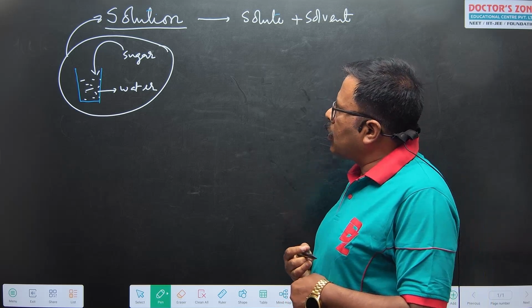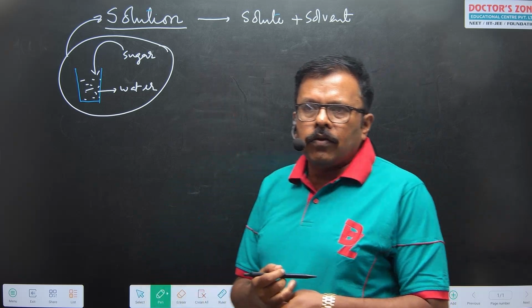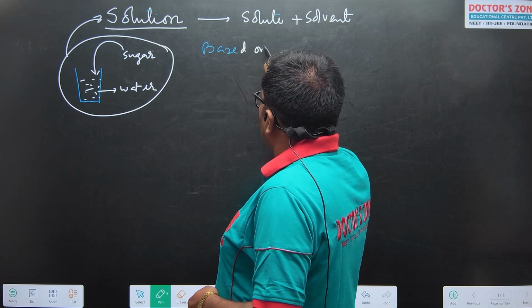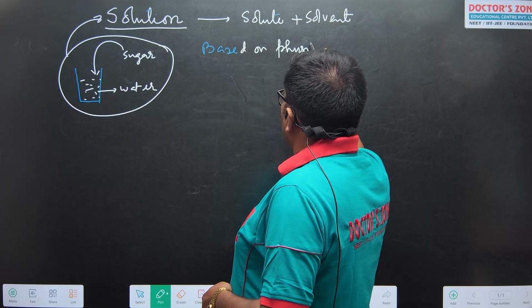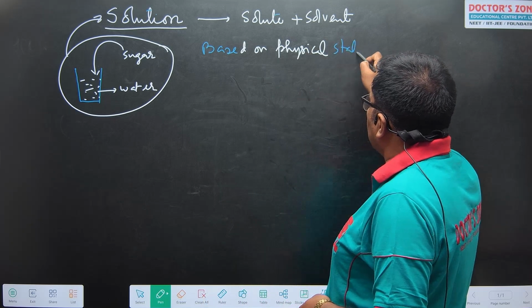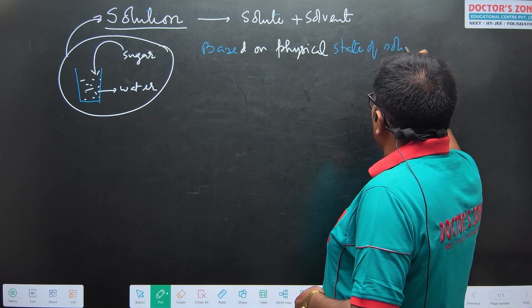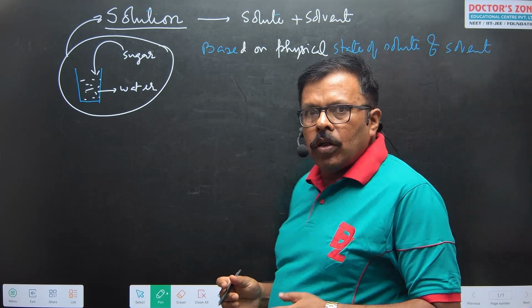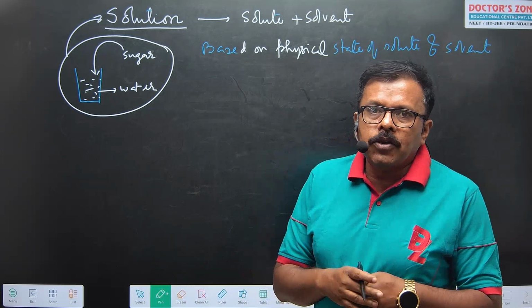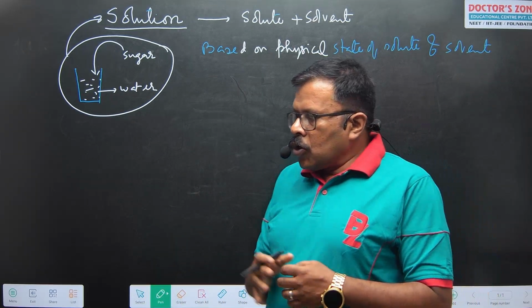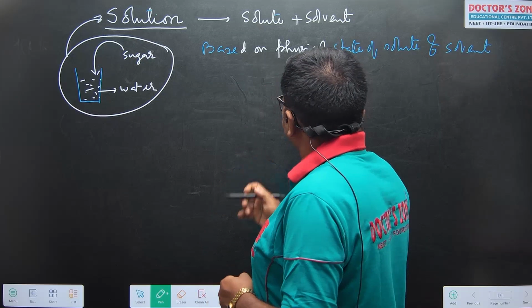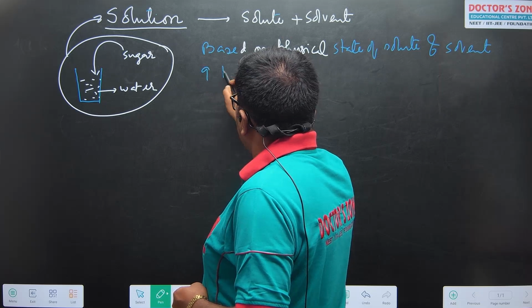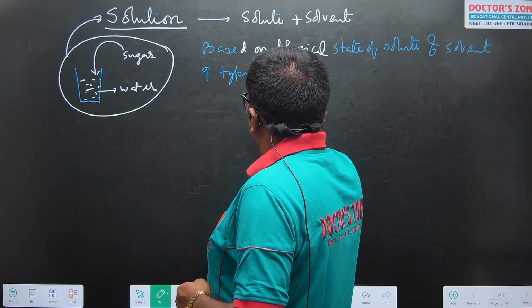Based on the physical state of solute and solvent, there are 9 types of solution. So what are the 9 types of solution?